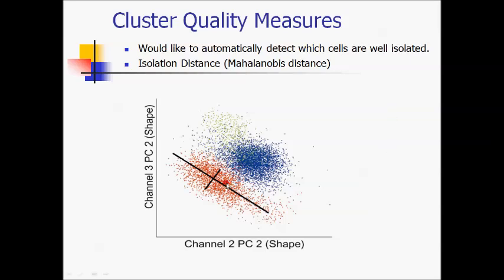For example, here we have 3 clusters, and the simplest way to say how good we did with clustering is to see how close the center of this cluster is to the centers of other clusters. If this cluster is well separated and differentiated from other clusters, with a high distance, it means we are pretty sure that spikes here belong just to this neuron and not to other neurons.